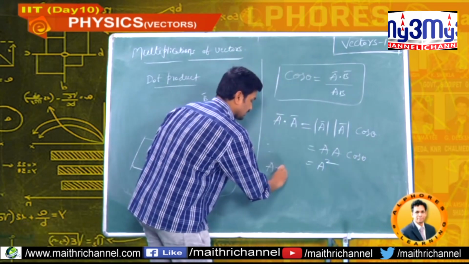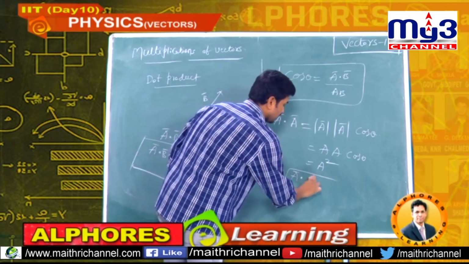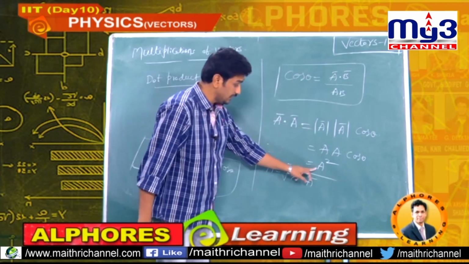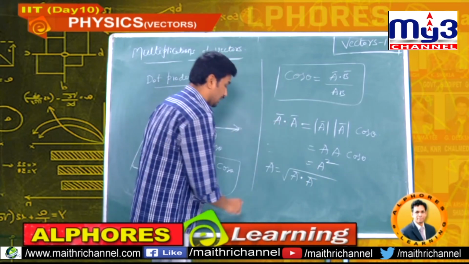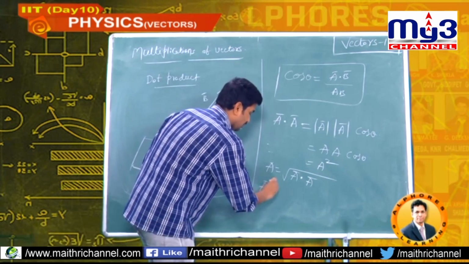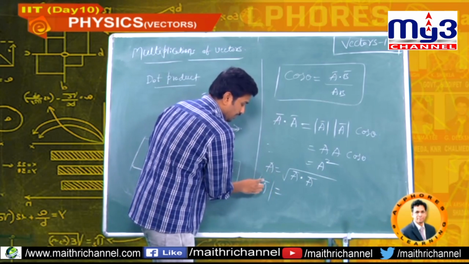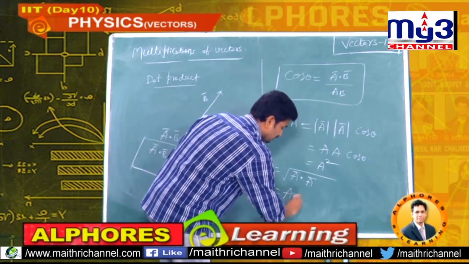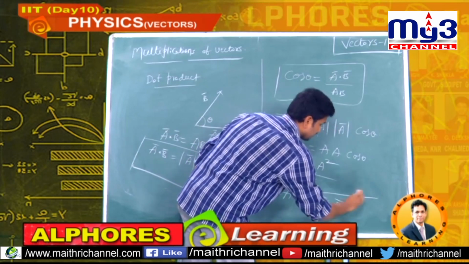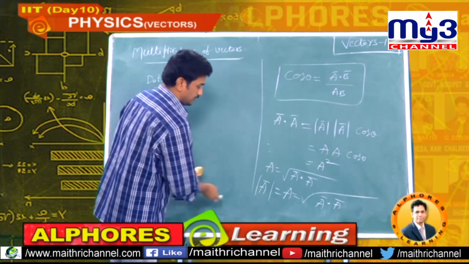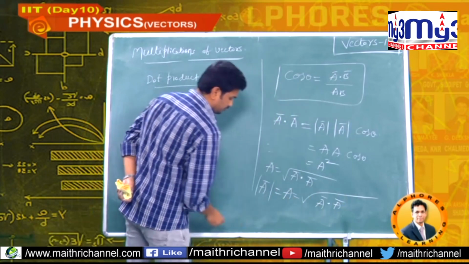Now A is equal to under root of A bar dot A bar. Otherwise, I can write mod A bar, both are the same. Mod A bar is nothing but A, that is A bar dot A bar. See here, mod A bar is equal to under root of A bar dot A bar.